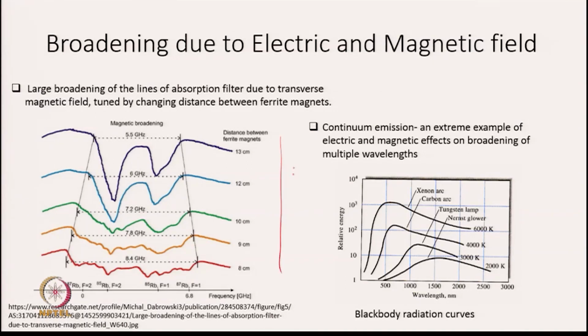This is shown here: as you decrease the distance between ferrite magnets from 13 centimeter to 8 centimeter, the line gets broadened. You are basically increasing the magnetic field from 5.5 gigahertz to 8.4 gigahertz, and there is a broadening of peaks.